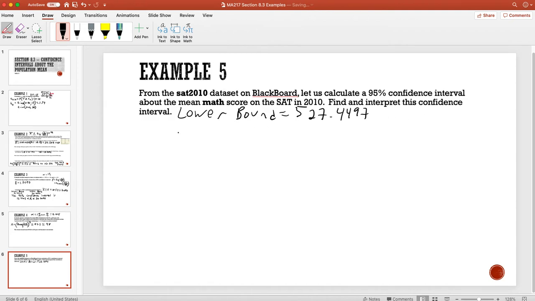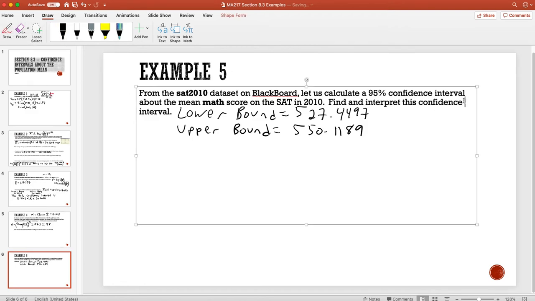And then the upper bound, put that down here, upper bound, that one was 550.1189. And just to write that off in a nice interpretation statement, let me move this down.